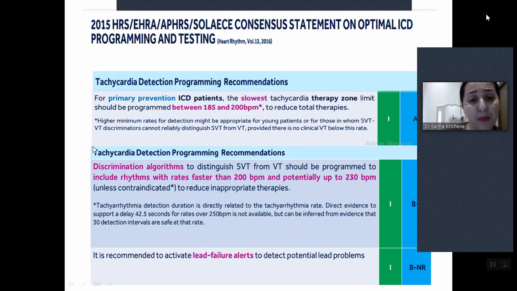And discrimination algorithms to distinguish supraventricular from ventricular tachycardia should be programmed to include rhythms with rates faster than 200 and potentially up to 230 beats per minute. And it's recommended to activate lead failure alerts to avoid inappropriate shocks.